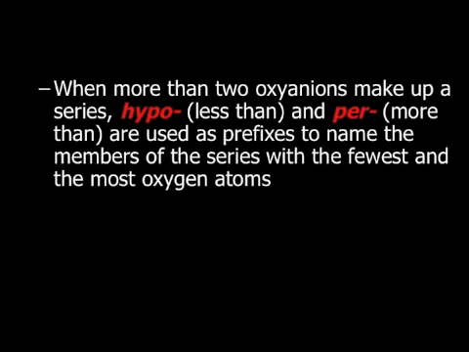When you have more than 2 oxyanions, you can also add the prefixes hypo- and per- to name the ones in a series that have the fewest and the most. So if you have a series that has 2 and 3 as your -ite and -ate, if it has 1, it would be hypo-ite, and if it has 4, it would be per-ate.